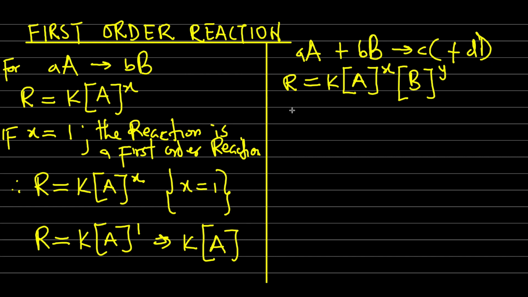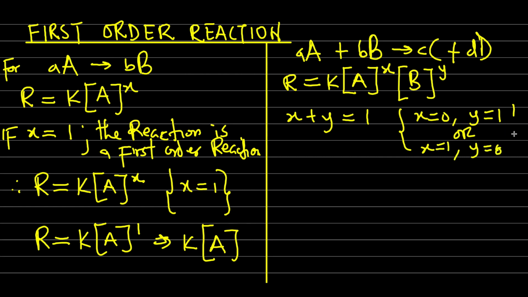For a first order reaction, x plus y, the sum of the powers, must equal 1. Now this can be obtained by saying x equals 0, y equals 1, or x equals 1, y equals 0. Anyhow you want to do it, such that when you add up both of them, it will give a value of 1. So for a reaction that has two reactants, that's the rate law.